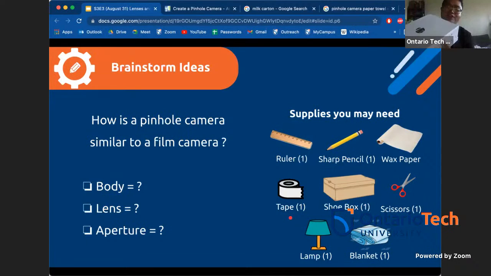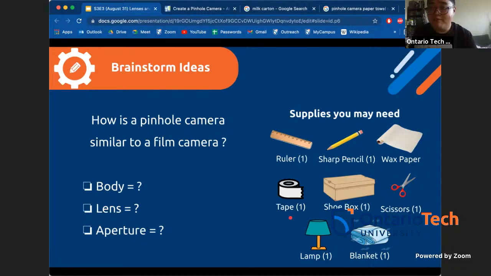If there are holes in your box, you can use tape and maybe paper to cover it up. You want to make sure that the light entering the box doesn't disperse anywhere else or move around. You want the light to enter your hole over here so you're able to see your image on the other end.